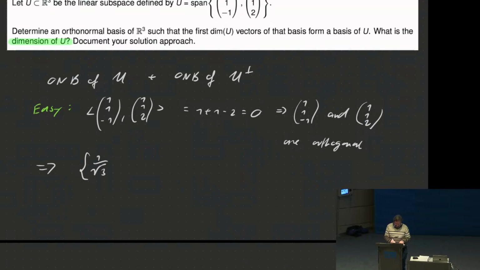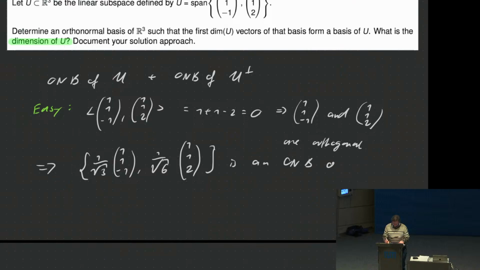To normalize the first one, I divide that by square root of 3. And for the second one, it would be the square root of 6. So this is an ONB of U.